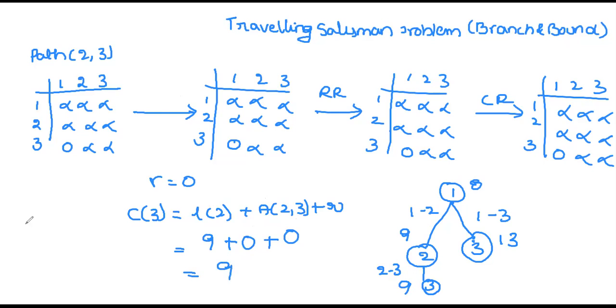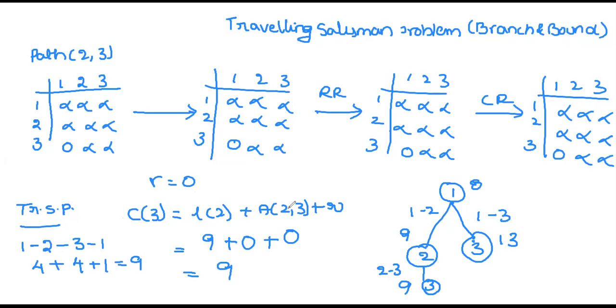So the traveling salesman path here is 1 to 2, then from 2 to 3. By taking the first step 1 to 2, the path is 4. Then 2 to 3 is also 4. After that, it needs to reach from 3 to 1 also. The path from 3 to 1 is 1. That's why 9 is there.